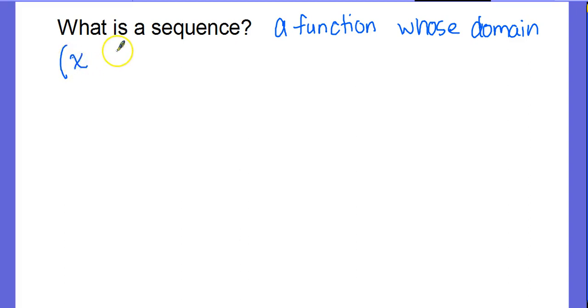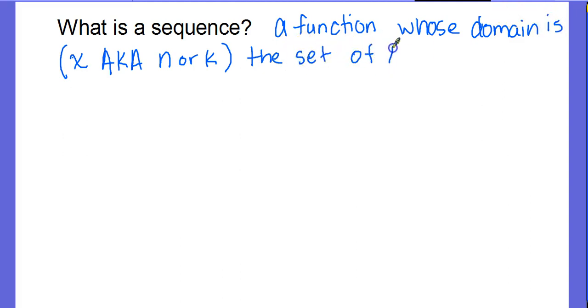The x's. But usually in a sequence, you won't see it as x. A lot of times you'll see it defined as n or possibly k. It depends. But it's a function whose domain is the set of natural numbers.